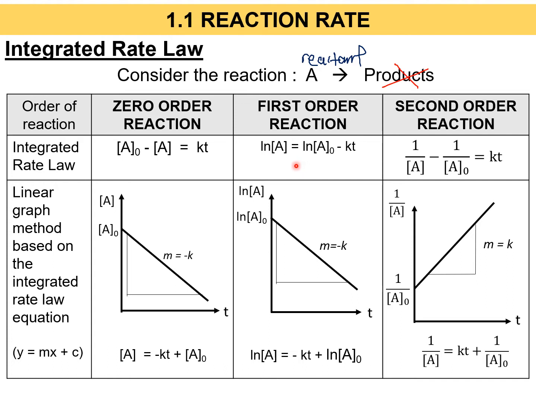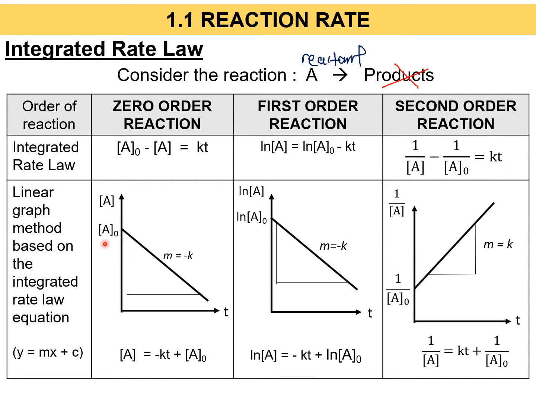Alright, and then next for first order reaction, this is the linear equation for natural log for first order reaction, okay? Where natural log concentration of A equals natural log concentration of A initial minus KT. Alright, for second order reaction, it's going to be 1 over concentration of your reactant final minus 1 over concentration of your reactant initial equals KT.